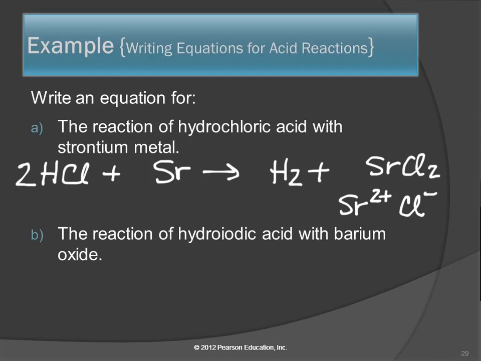Let's do part B. The reaction of hydroiodic acid with barium oxide. What's the formula for hydroiodic acid? What 2 elements does it have in it for sure? Hydrogen and iodine, right?